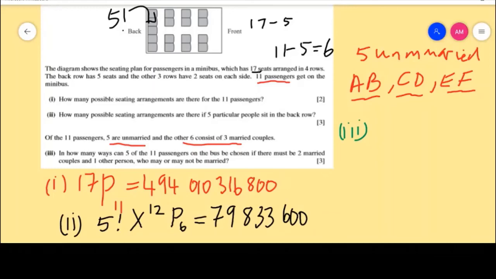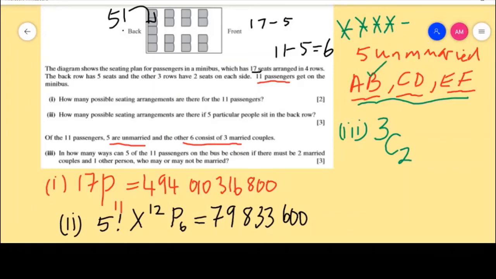Part 3. In how many ways can 5 of the passengers on the bus be chosen? So you want to choose 5. 1, 2, 3, 4, 5. If there must be 2 married couples, okay, so out of the couples, you need to choose 2 couples. There are 3 couples, I choose 2. It means I've filled in 4 spots here, because if I choose 2 couples, that's 4 people.